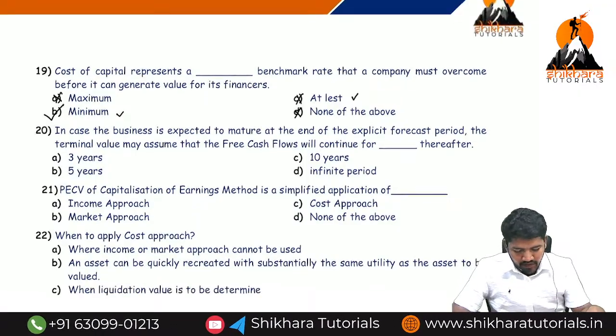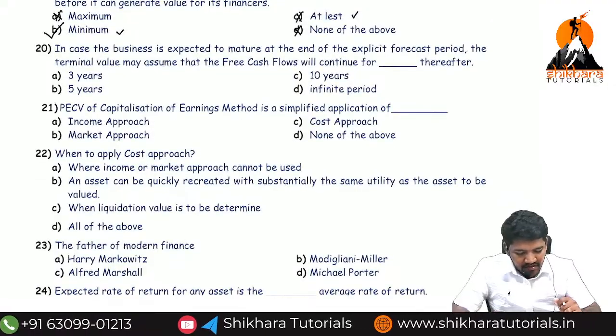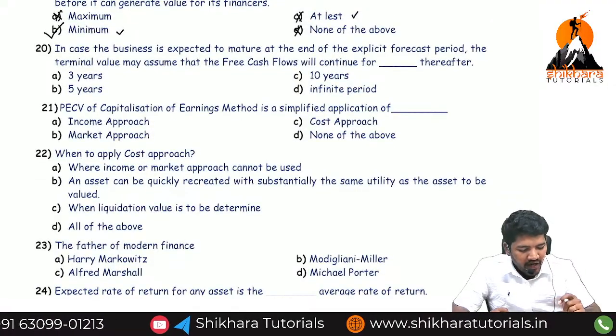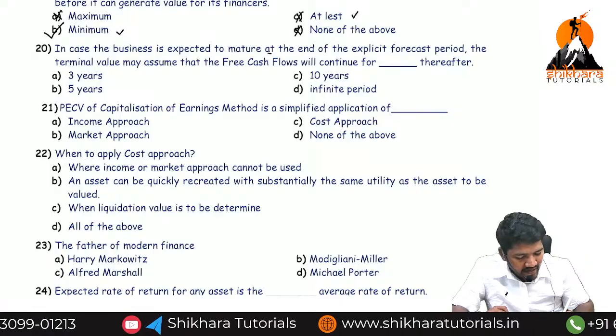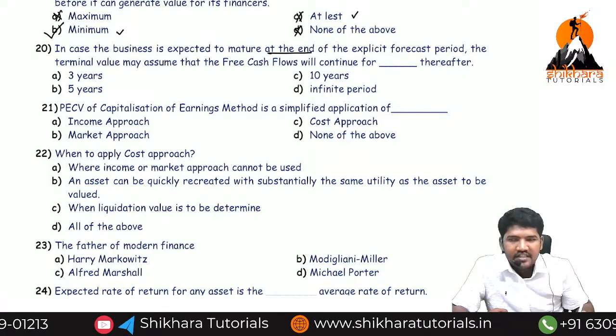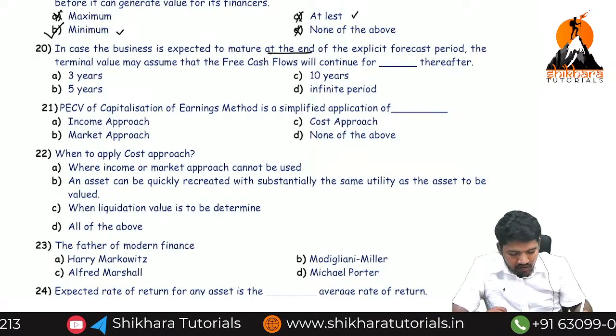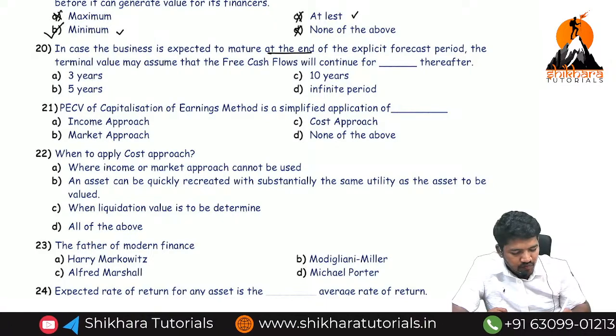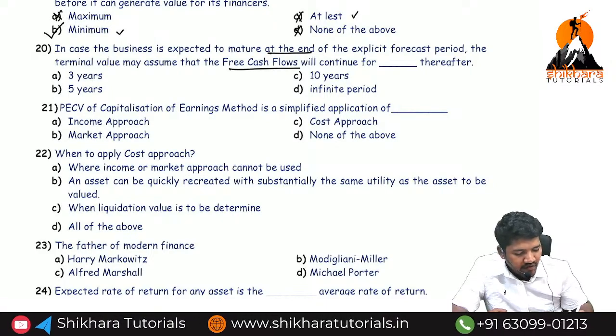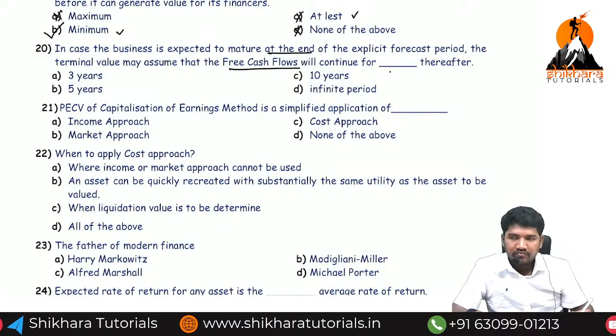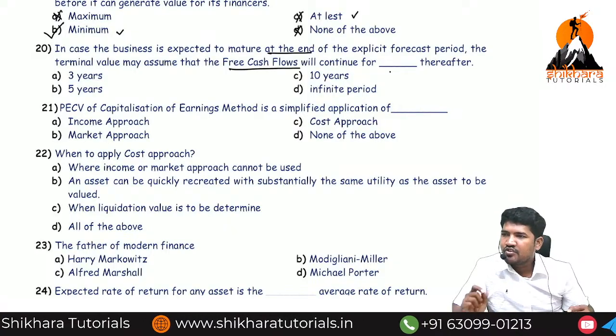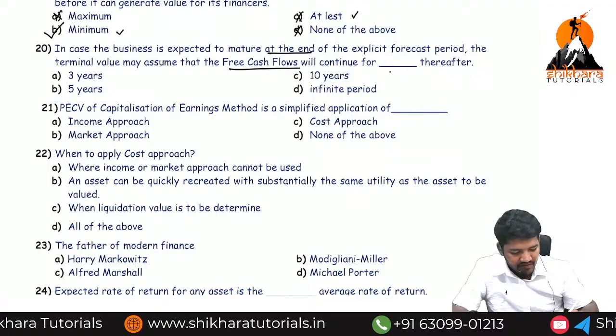Now illustration number 20. In case the business is expected to mature at the end of the explicit forecast period, the terminal value may assume that free cash flows will continue for dash thereafter. How many years? There is no specific year, infinite years.